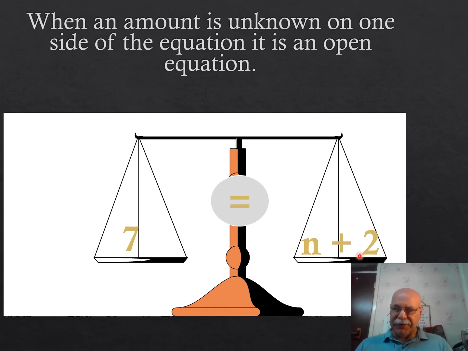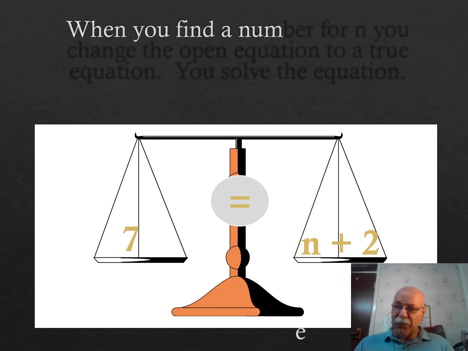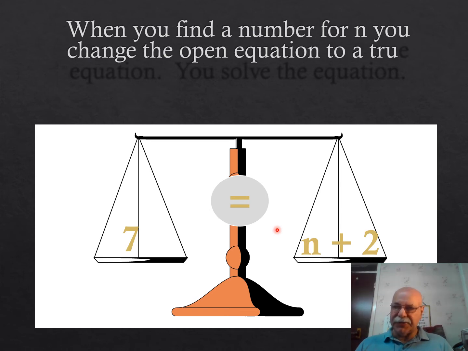Now we have three types of equation: truth equation, false equation, and open equation. In this example, we want to transform this open equation into a truth equation. How will we do this?